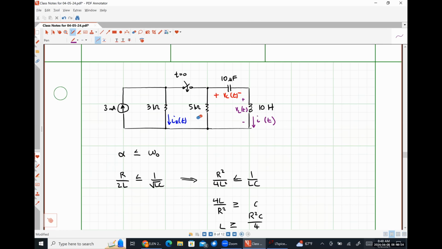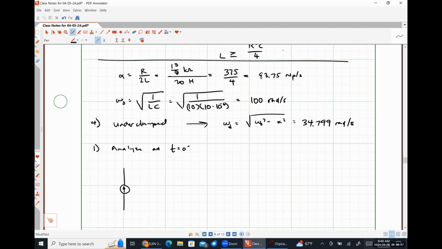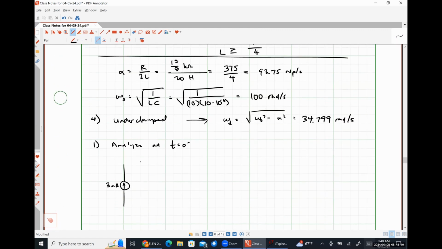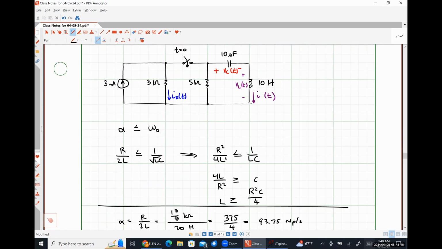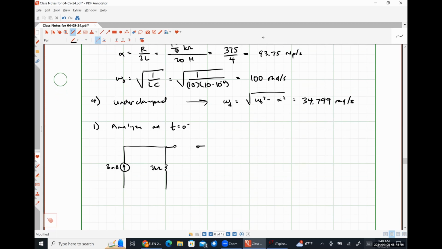All right, so analyzing the circuit at t is equal to 0 minus. So at t is equal to 0 minus, we have our current source, 3 milliamps. Our 3 kilo ohm resistor. Let's pull up here. Yep. Our switch is open. Here's our 5 kilo ohm resistor.